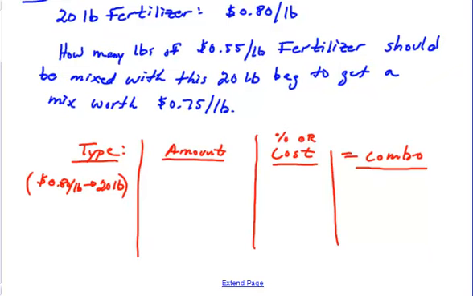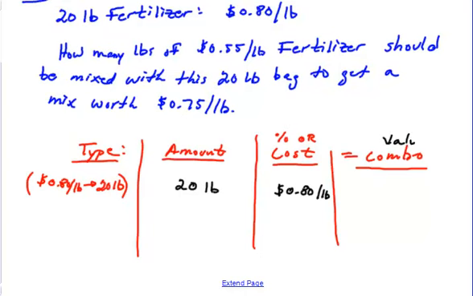So, amount. What's the amount of this first type I'm talking about here, type 1? I put it in parentheses. What's the amount? How many pounds? Okay, 20 pounds. What was the cost? Okay, 80 cents per pound. So when I combine this, what does that mean?